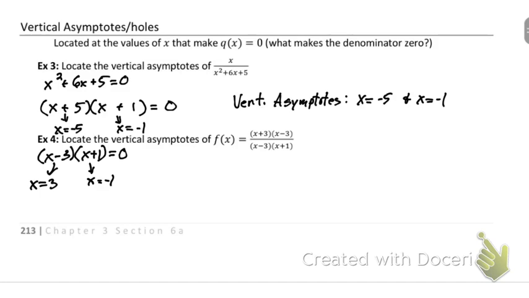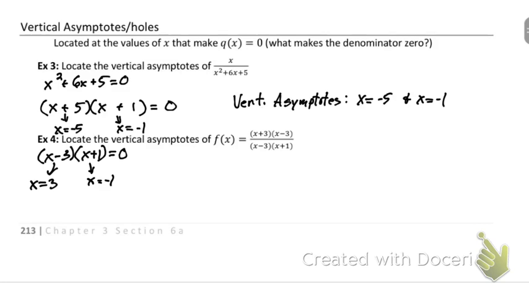This time, those are not both vertical asymptotes. X equals negative 1 will be a vertical asymptote. X equals 3 is not a vertical asymptote. And how do you know that? Let's look at what's happening here. You have x minus 3 and an x minus 3 right here. Well, they would cancel each other out. You can't plug in 3 to this equation.